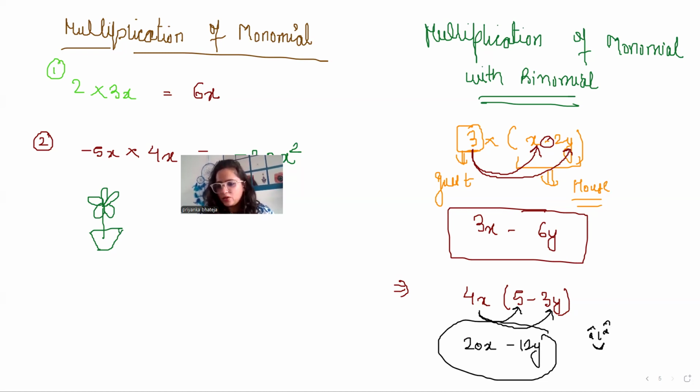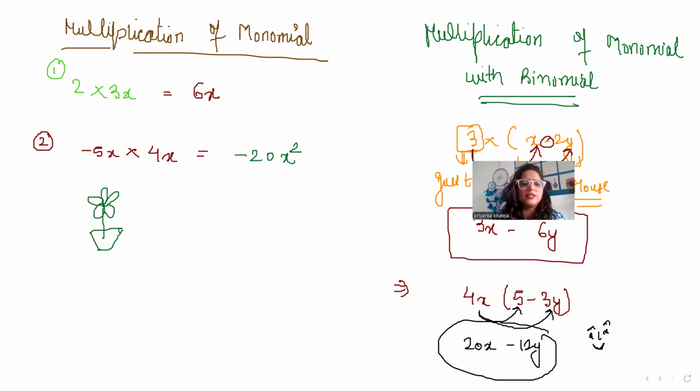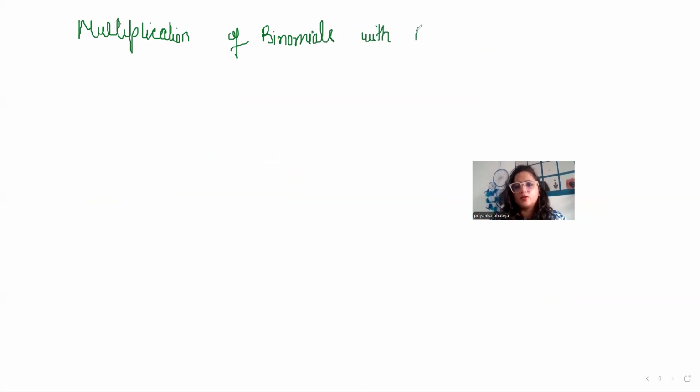Now, here we'll multiply binomials with binomials. Multiplication of binomials with binomials. There are 3 methods to solve this.